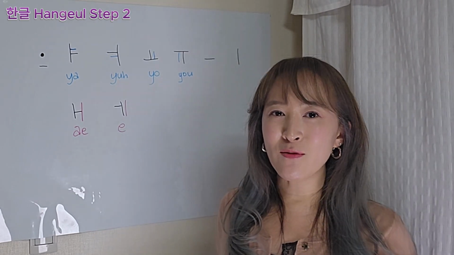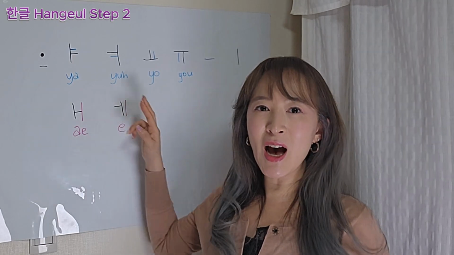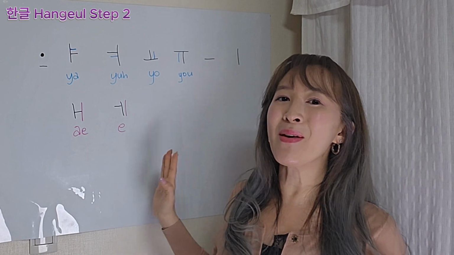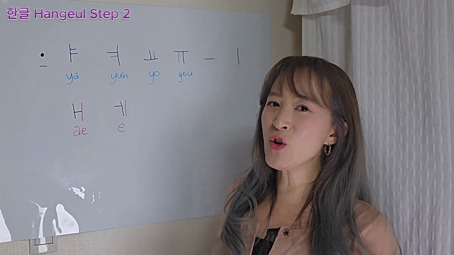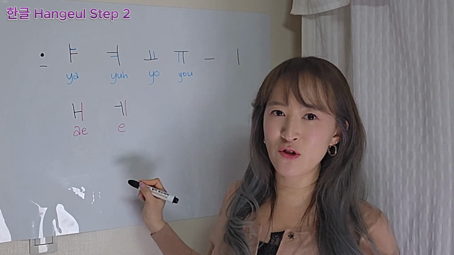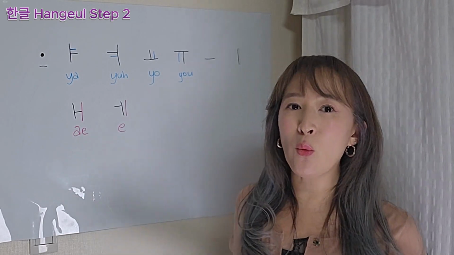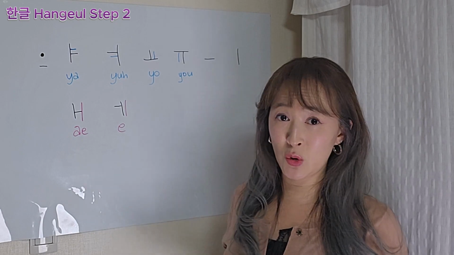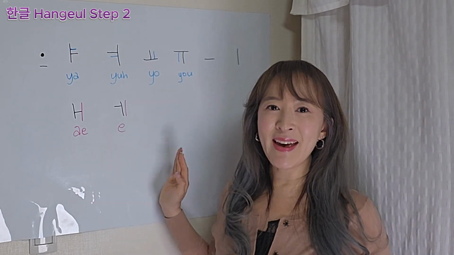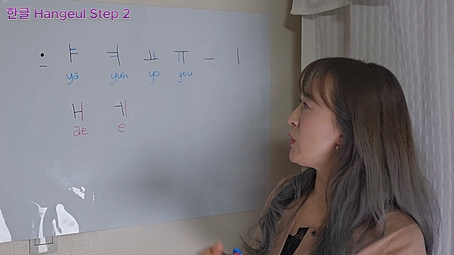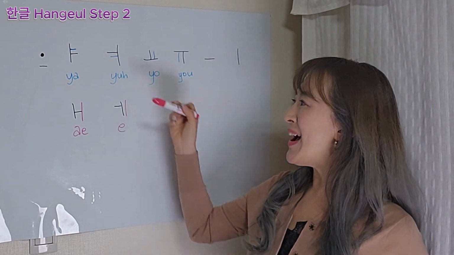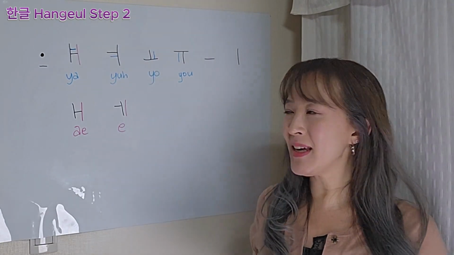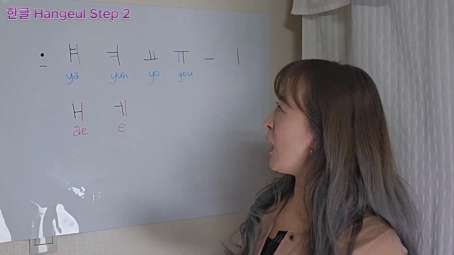But another thing you have to remember is, even though the sounds may be the same or very similar, the meanings are very different. So when you're writing them, you have to differentiate this and this. But when you're speaking, you don't have to worry about differentiating these 2. And with what we learned here too, ya can also be used with another E and make ye sound.